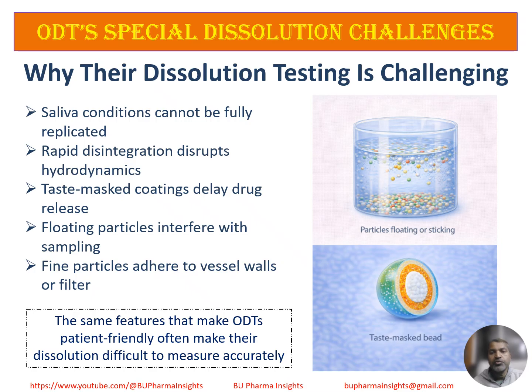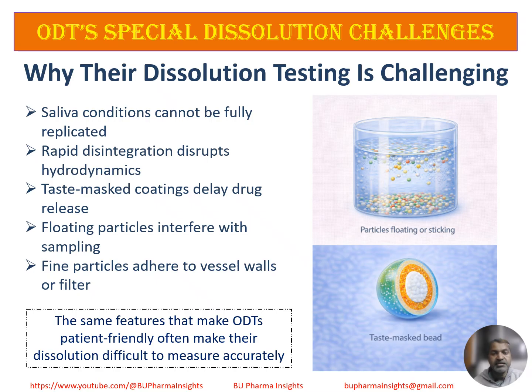Standard dissolution volumes like 900 ml do not reflect real saliva conditions. In the mouth, saliva volume is only 2 to 5 ml, so a lab test can never fully mimic in vivo behavior. Key challenges with ODT dissolution: saliva condition cannot be fully replicated. Rapid disintegration disturbs normal hydrodynamics. Taste masking coatings can delay drug release, making ODTs appear slower than regular IR tablets.